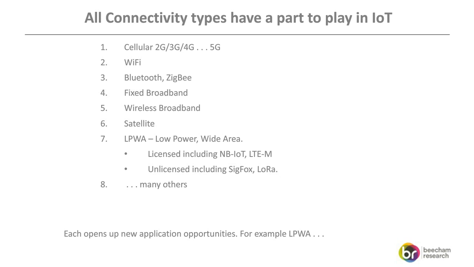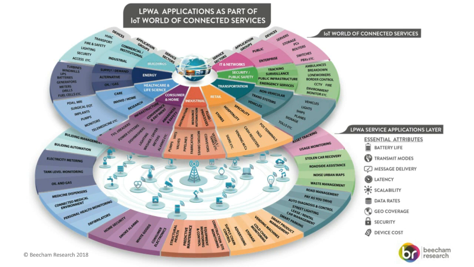And I'd just like to highlight that situation with low power wide area. So we've drawn this particular chart just to show, the circle at the top is the sector chart that I showed, and then lifting the bonnet, if you like, looking underneath, the lower one is new application areas that are enabled through the low power wide area technologies.